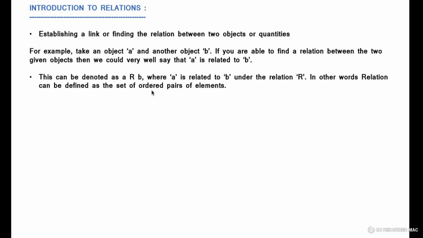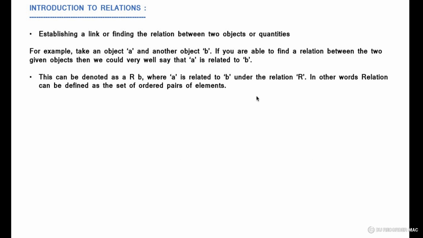Now this in mathematics is denoted as a R b, where a is an element, b is another element, and R is the relation. We can read this as a is related to b under the relation R. In other words, a relation can also be defined as the set of ordered pairs of elements.